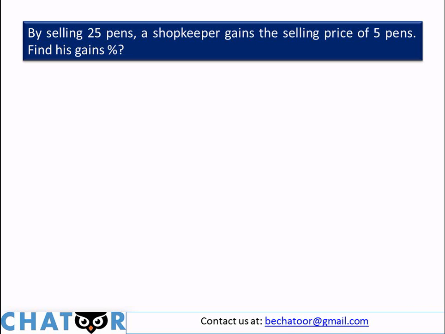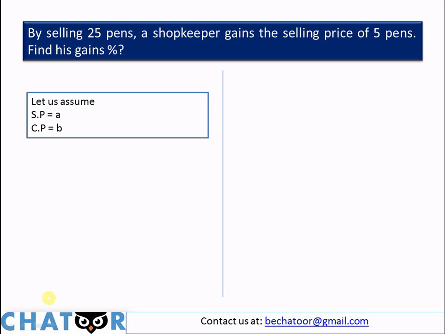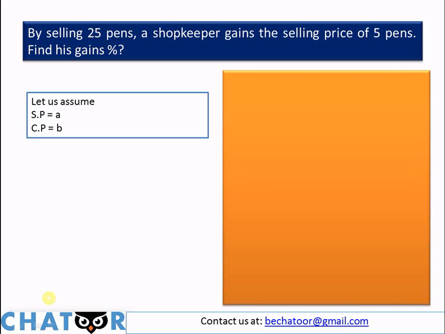We'll do one last sum before I end this video. The question says, by selling 25 pence, a shopkeeper gains the selling price of 5 pence. Find his gain percent. So the first step we'll do is assign some variables, SP being A and CP being B. The next thing we'll do is put it as an equation.